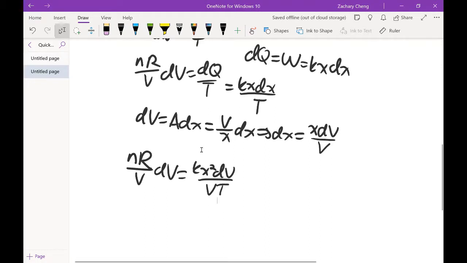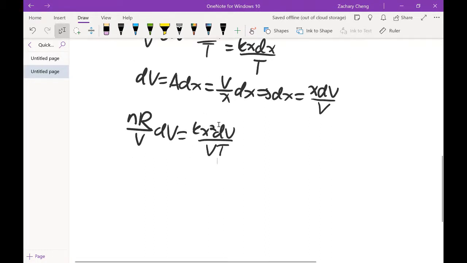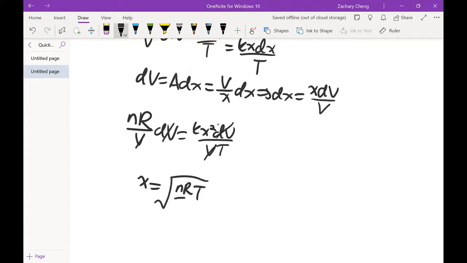And now we can easily solve for x. We can cancel out this V and the dV, and this would give us x is just equal to the square root of nRT over k.